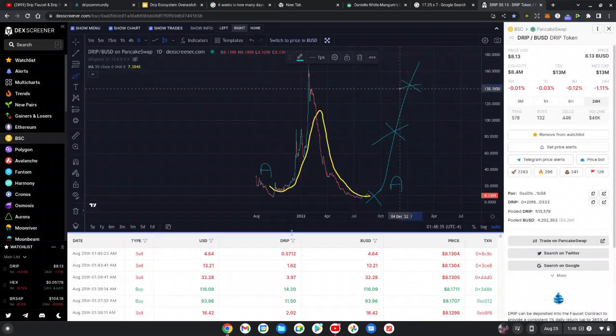I bought some at $160. I bought some up here because I was late getting in, and I was like, damn, I only got 2 Drip at $79. I got that about right in here. And then I bought some more up in here. But there wasn't any time left before it came back down. So you don't want to do that, because I didn't buy it in the accumulation phase.